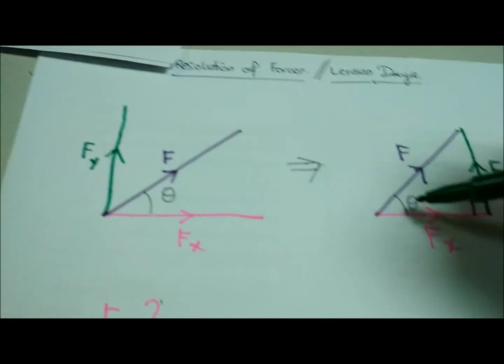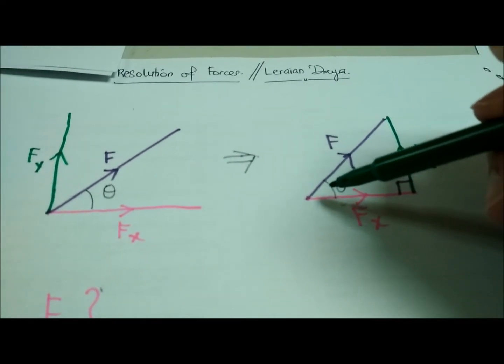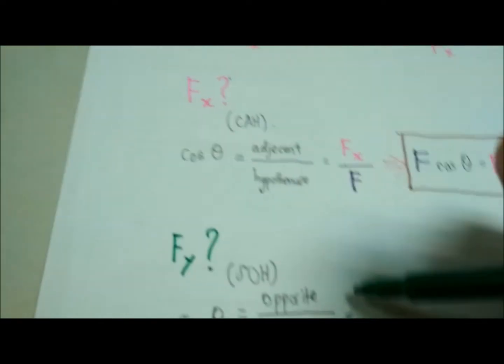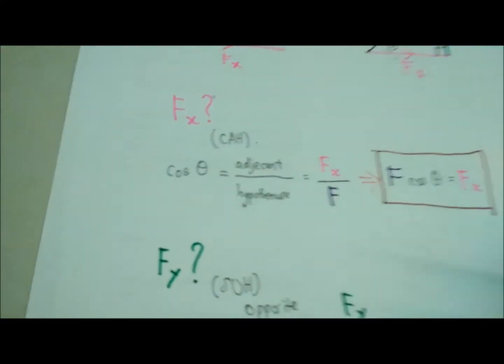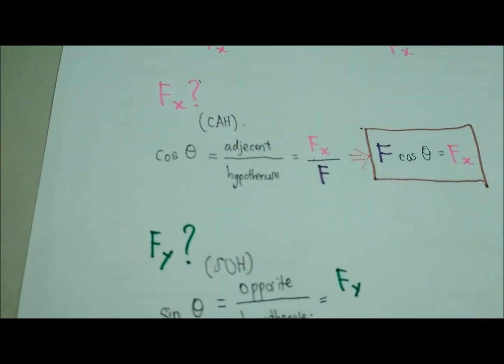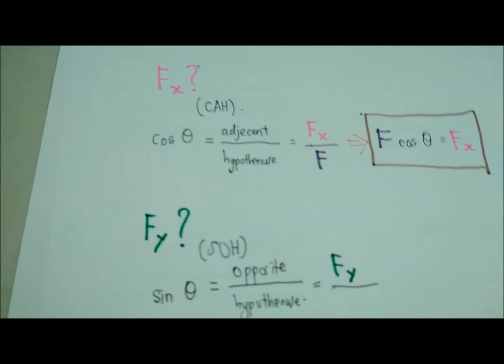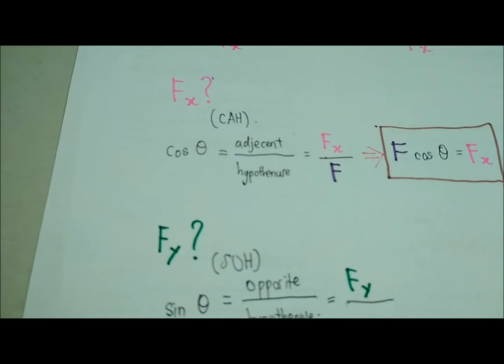This is the angle theta, so opposite angle theta is Fy. Fy over hypotenuse.